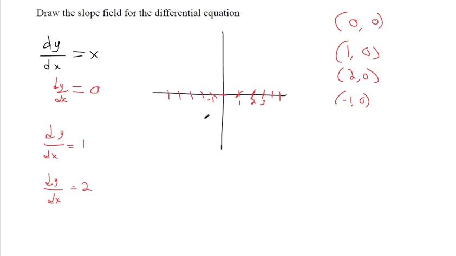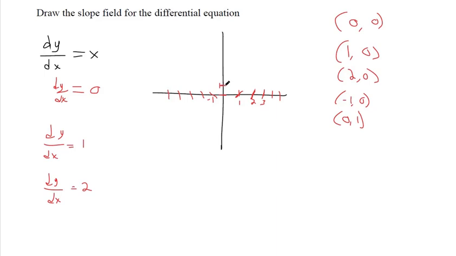It's a rough sketch. And then let's go up on the y-axis. How about at the point 0, comma 1? If you plug in 0 for x and 1 for y, well, this equation doesn't have anything to plug in for y. So this slope is going to be a horizontal line, right here.